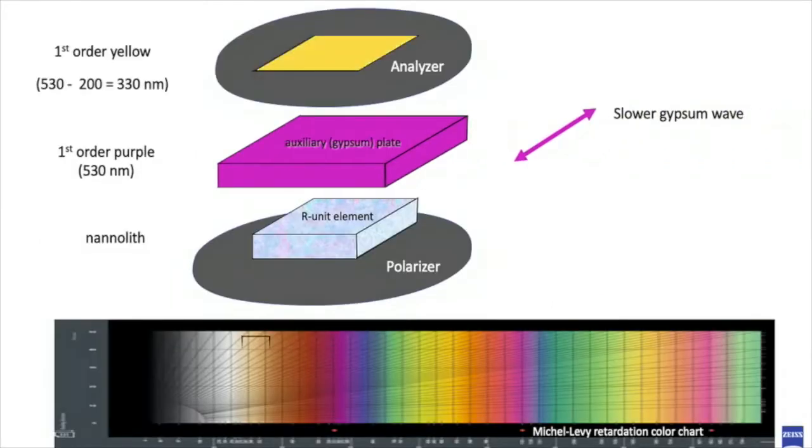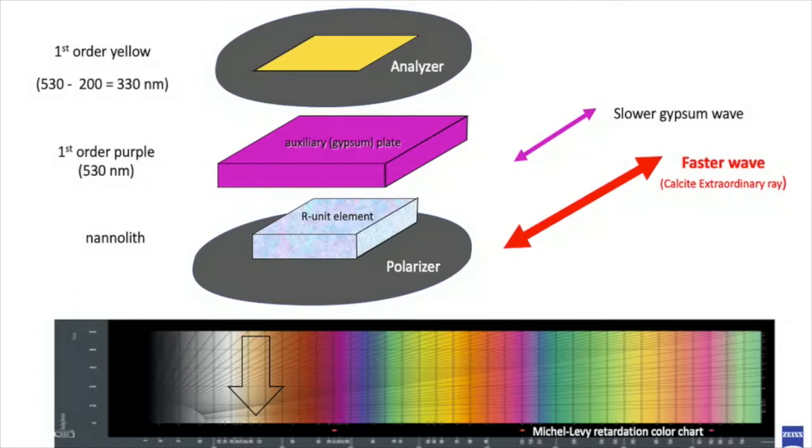In these conditions, the faster calcite ray is slowed down by the slower gypsum ray, and retardation diminishes. The new value corresponds to the subtraction of both retardations: the retardation of the gypsum plate, 530 nanometers, minus the original retardation of the calcite crystal, 200 nanometers, which is equal to 330 nanometers.